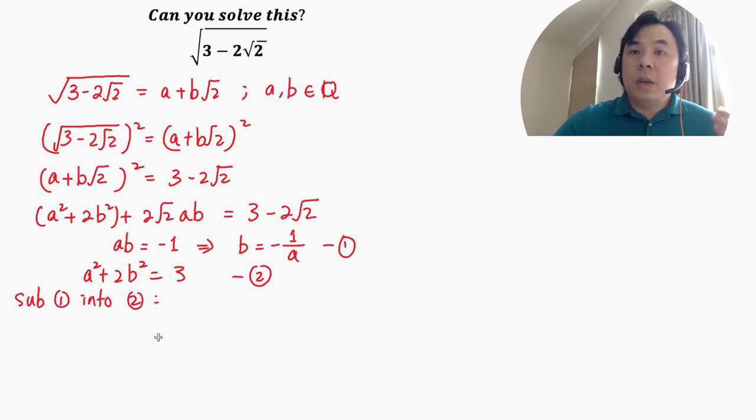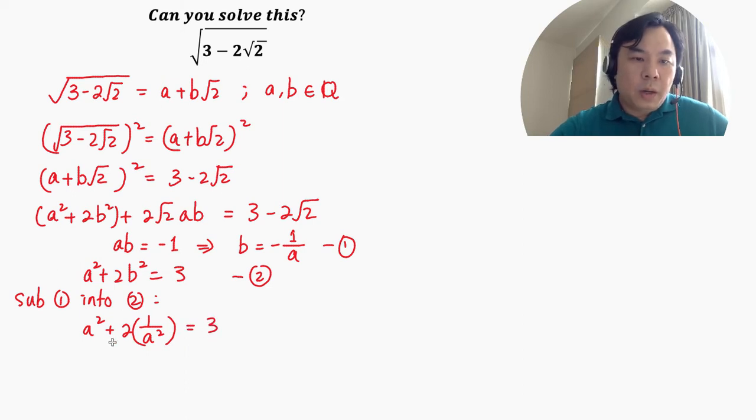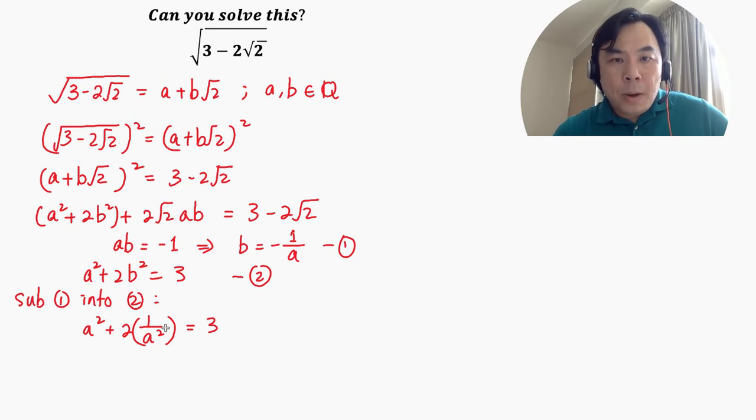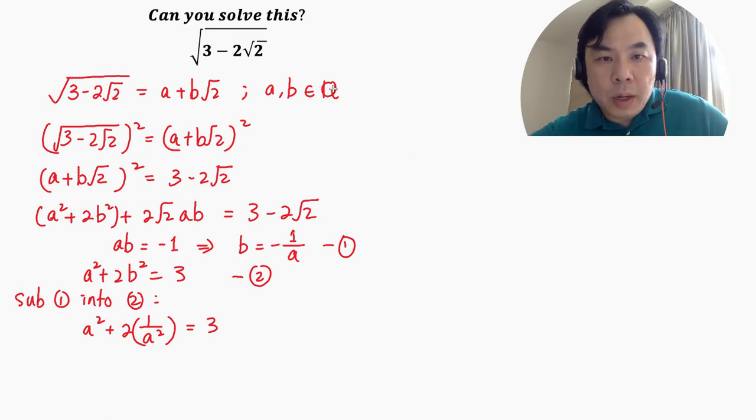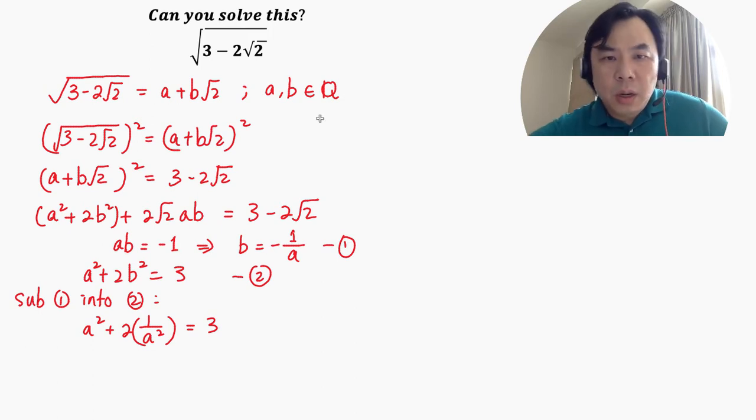Let's see whether it works or not. So here I have a square. Now this one, if I put it in here, I should expect to get this. And then I'm going to get rid of my A square here. Now I think I need to make another definition here.